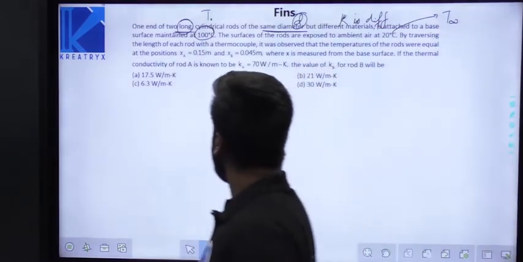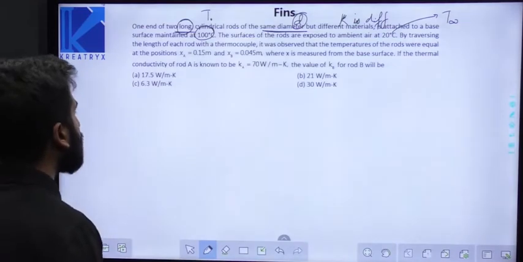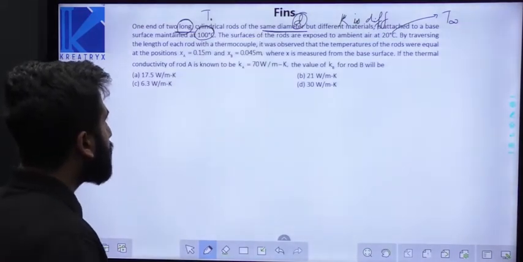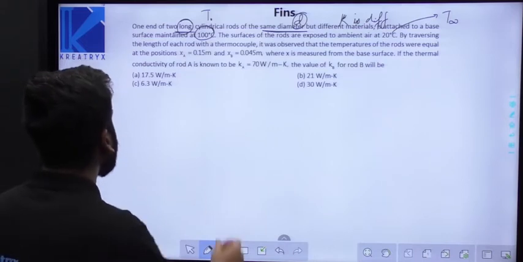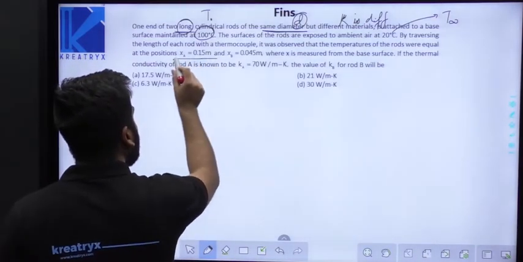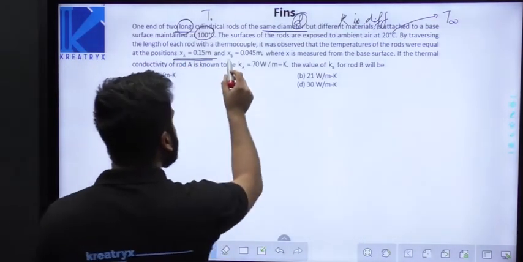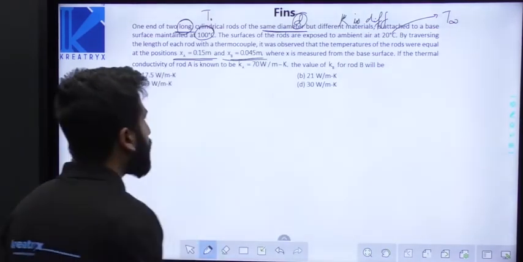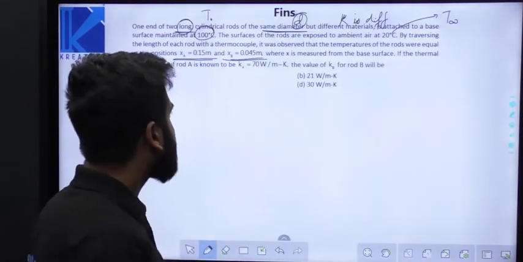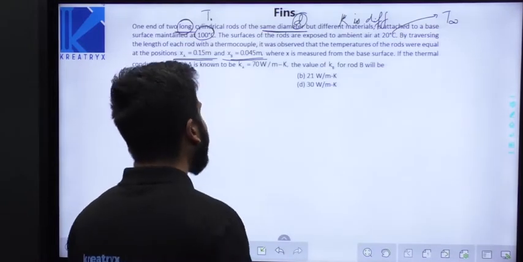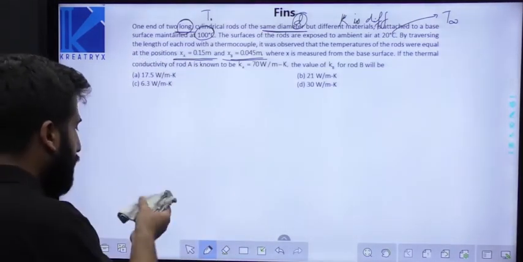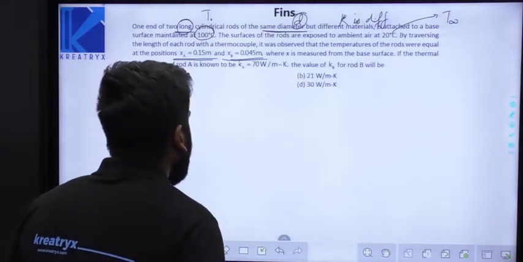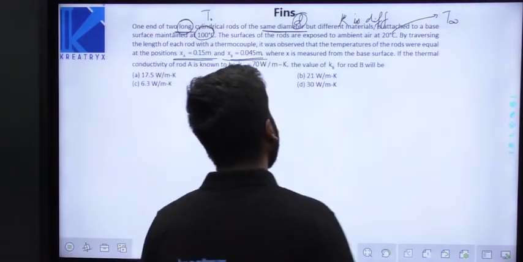By traversing the length of each rod with a thermocouple, it was observed that the temperatures of the rods were equal at the positions xa is 0.15 meters and xb is equal to 0.045 meters, where x is measured from the base surface. If the thermal conductivity of rod A is known to be 70 watt per meter Kelvin, the value of Kb for rod B will be.